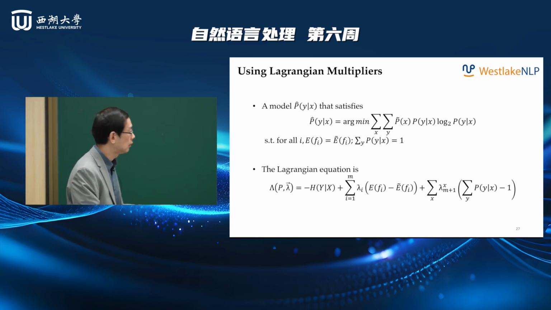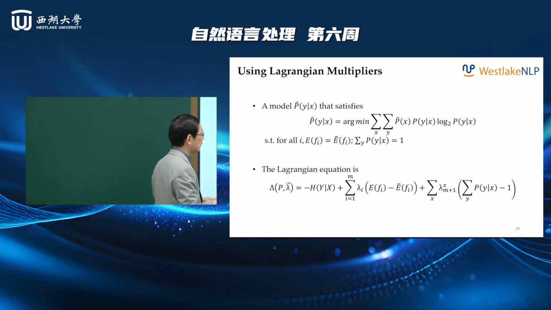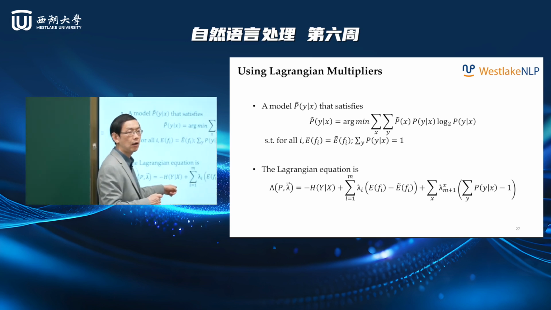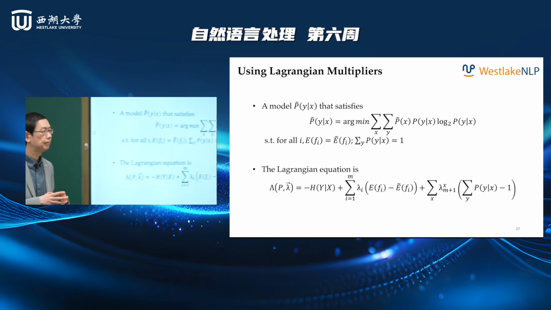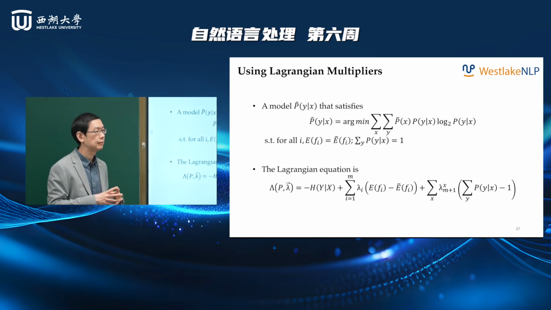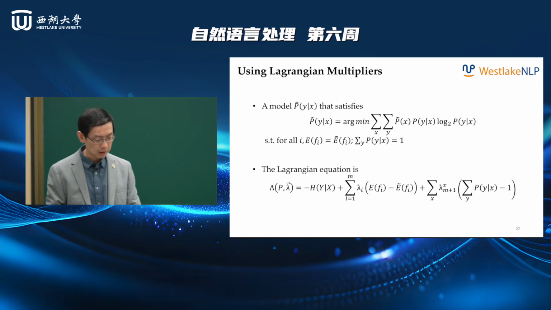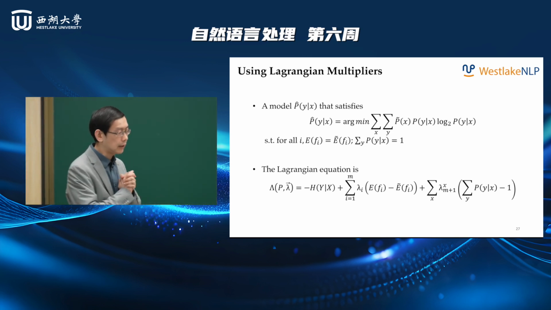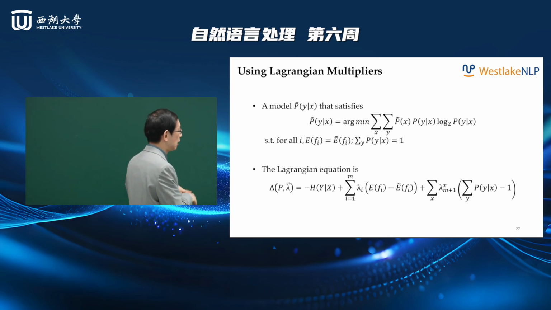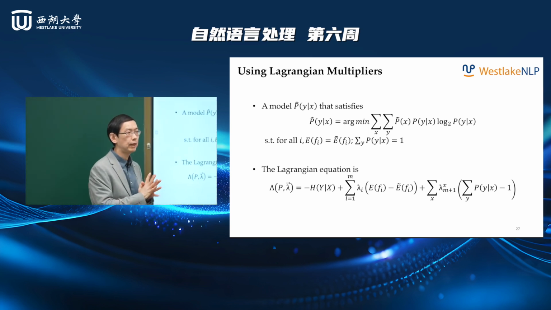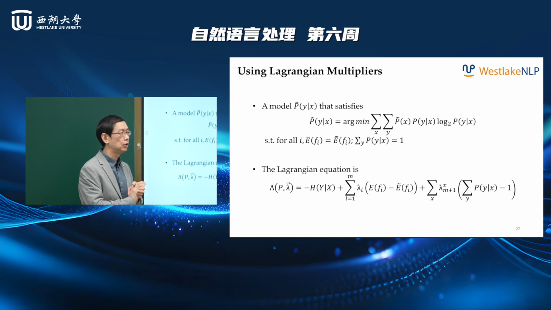What is more, the only random variable in this equation is now our model probability. So how do I calculate the optimal value? You need to use your calculus knowledge. But this time, the random variable is an equation. It's not a parameter anymore.